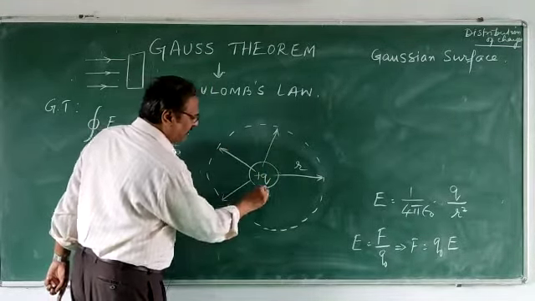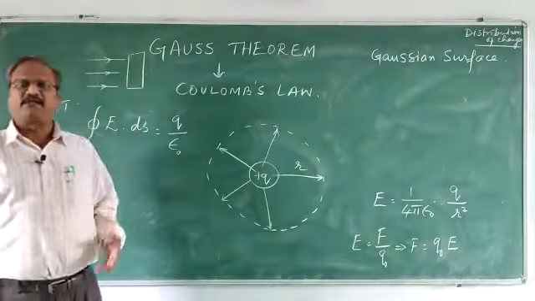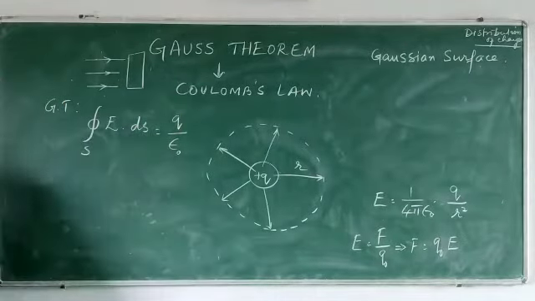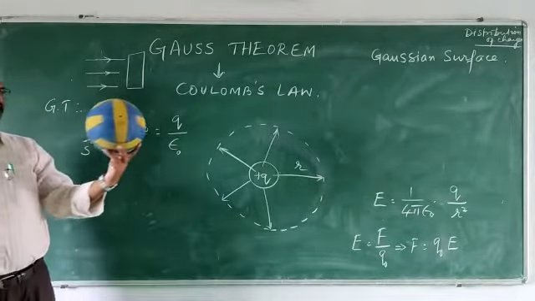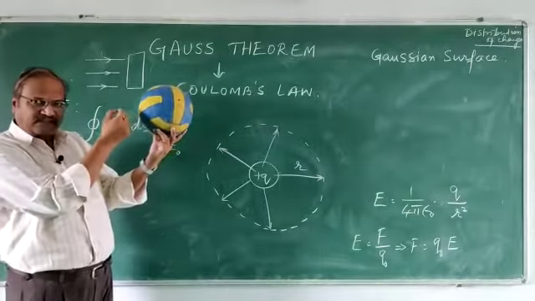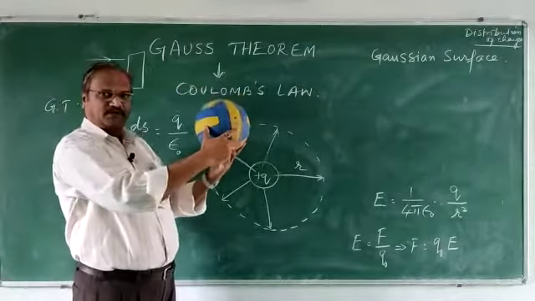When I see that, a better Gaussian surface will be a sphere. You can take, for example, a ball like this, right? The ball is a sphere, and the charge is at the center of this ball. Fine. So the Gaussian surface is the sphere.